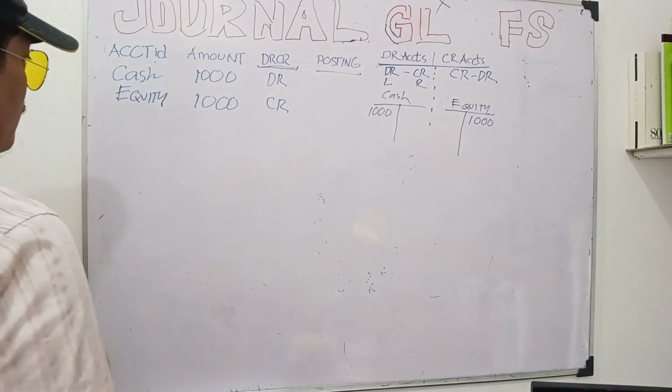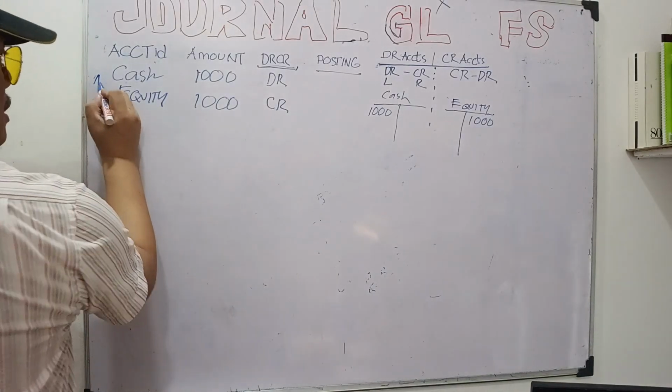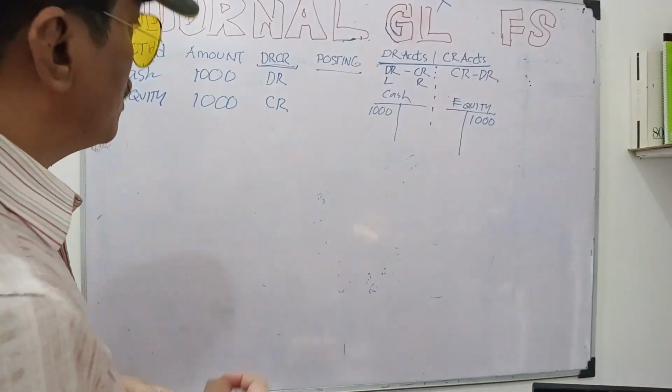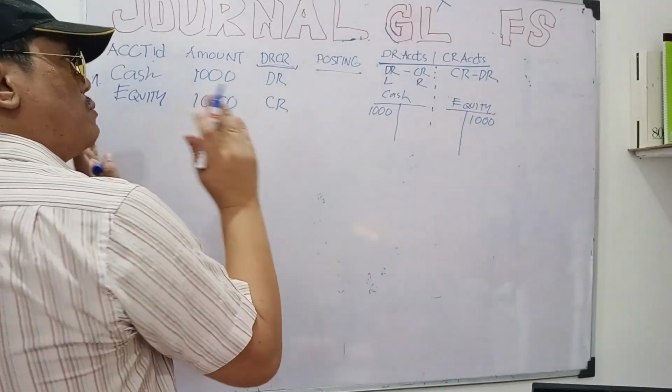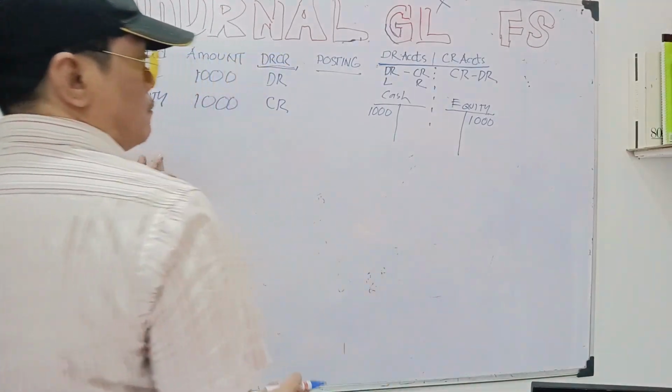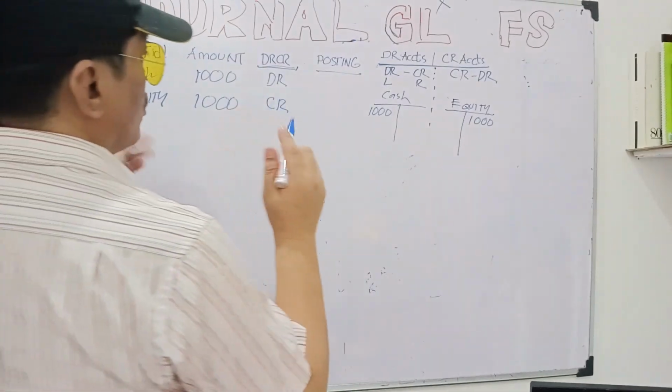So we have the first entry, right? In the financial statements, I mentioned earlier that we will move from journal directly to the FS, right? So how does this go?